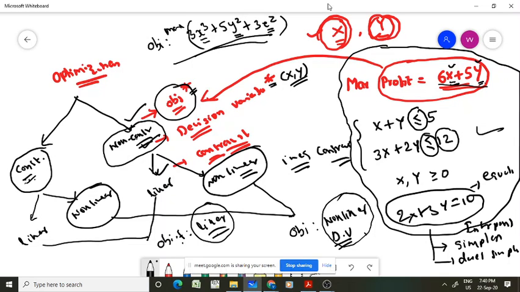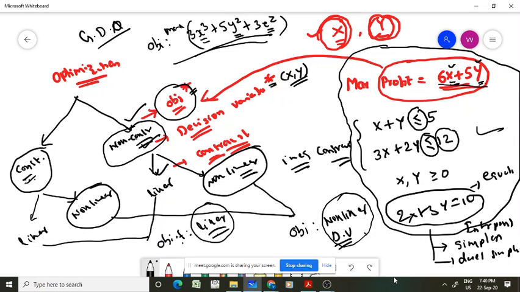In the case of the linear optimization problem, we discussed the interior point method, simplex method, and dual simplex method. All are called optimization techniques which are used to solve the linear optimization problem. Similarly, to solve non-linear optimization problems, we use the gradient descent optimization algorithm.